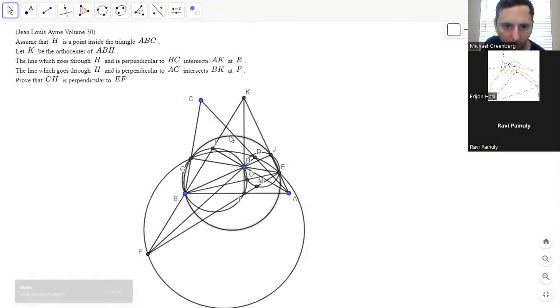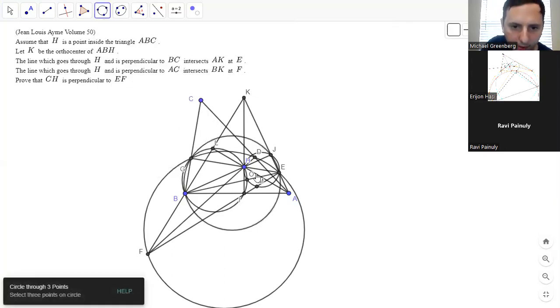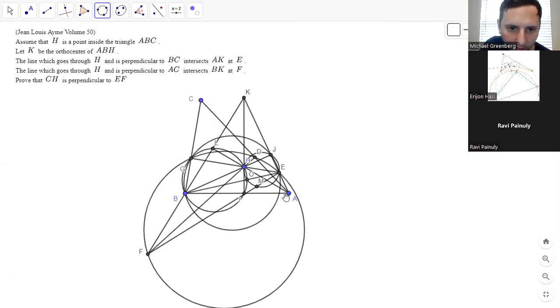Wait a sec. So BGJE is cyclic, and what's the other one that's cyclic? BGJE and, I'm just getting so confused here.